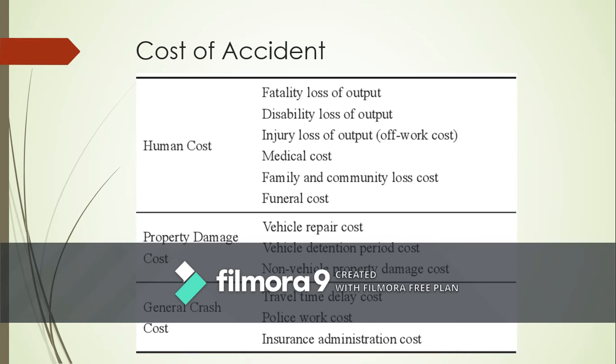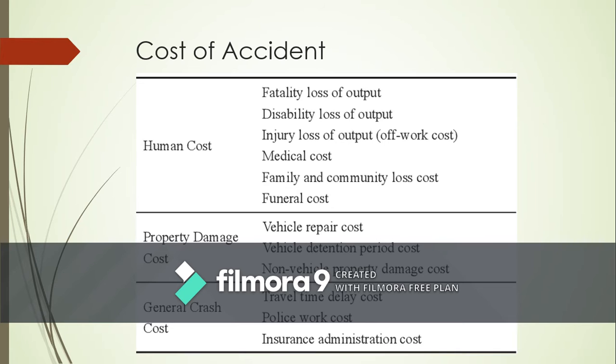Then medical cost, the medical facility being given. Family and community loss cost, how the family and community recover from the accident. And the funeral cost if the accident is fatal. So these are various human costs associated with an accident at an industrial setup.